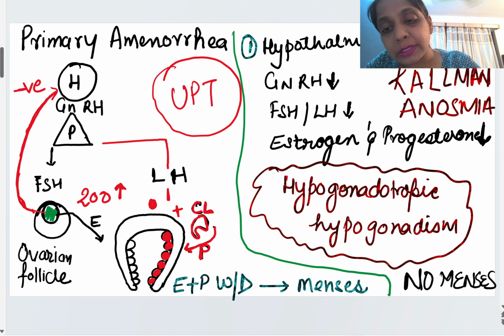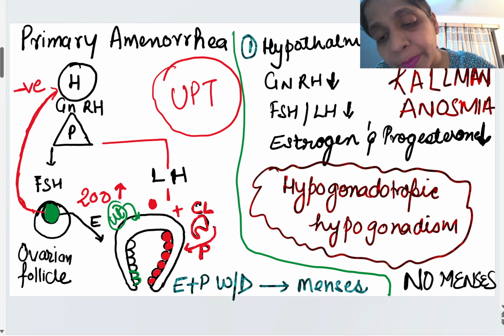This is a follicle inside the ovary, and this follicle now grows and increases in size. What hormone does this follicle synthesize? This ovarian follicle synthesizes estrogen, and this estrogen then acts on the uterus. This is the uterus. And this makes the endometrium proliferate.